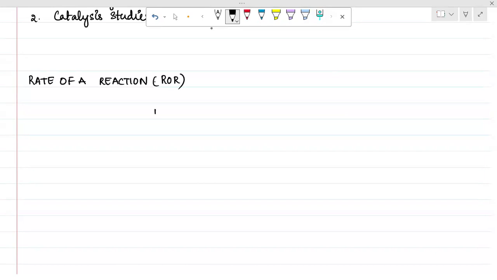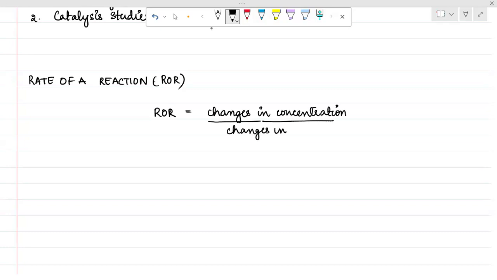Okay. So ROR, very important, is the changes in the concentration of species. I'll explain which species. Changes in the concentration divided by changes in time.